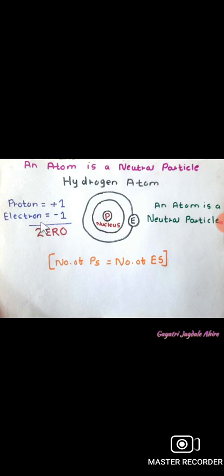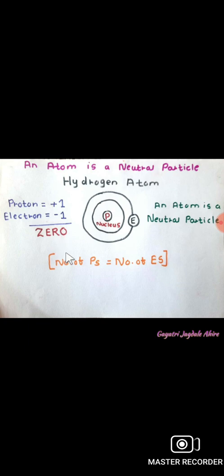We know that positive 1 and negative 1 cancel out each other. This single positive proton cancels out this single negative electron.